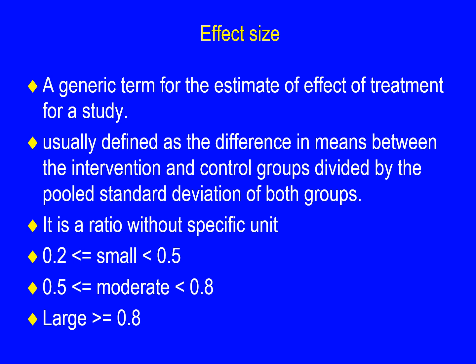So the effect is usually considered small if the effect size is between 0.2 to 0.5, and it's considered moderate if it's between 0.5 to 0.8, and the effect is considered large if it's more than 0.8.